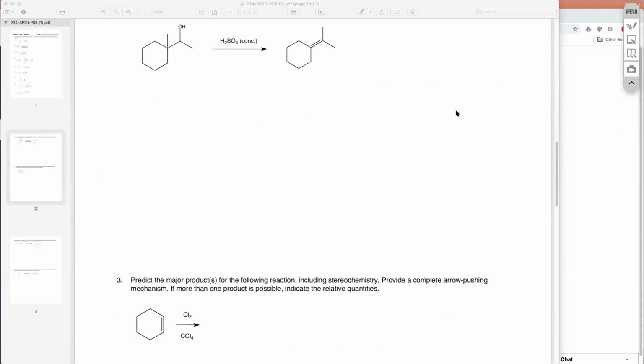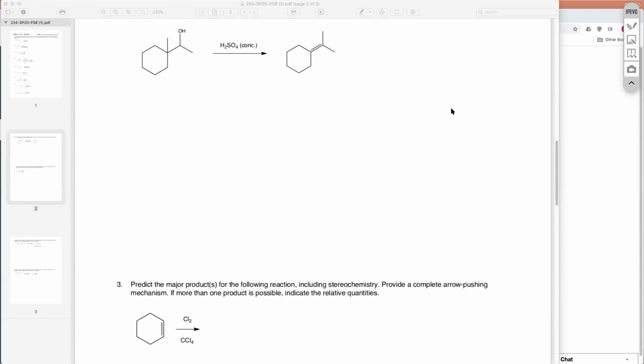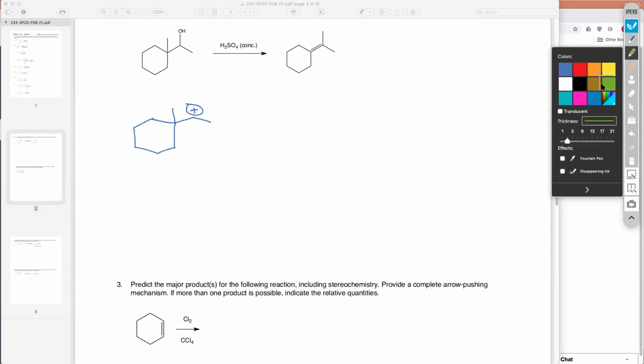So these are both detailed arrow pushing mechanisms that are very similar to ones that you can find in the text or in the notes, and obviously the answer key once it's posted. The only thing that I'd like to point out here is that after you form the carbocation, you do get a methyl migration.